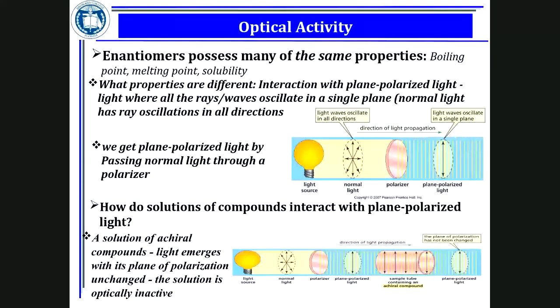Now, how much I had to rotate the filter, by how many degrees I had to rotate my hand in order to see the light again, is known as the observed rotation of this compound. So a chiral compound is going to rotate the light by different degrees. That degree depends on the concentration of the compound that you have.